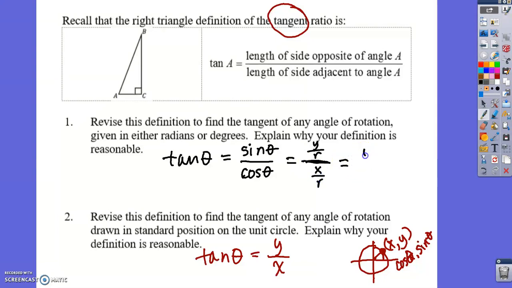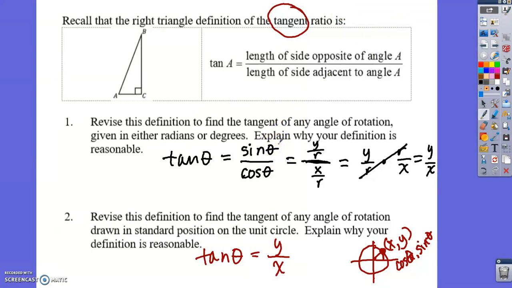When we multiply those complex fractions to simplify, multiplying by the reciprocal, we get y over x. The other way to think about this is opposite over hypotenuse and adjacent over hypotenuse, so the hypotenuses cancel out just like the radius did here.